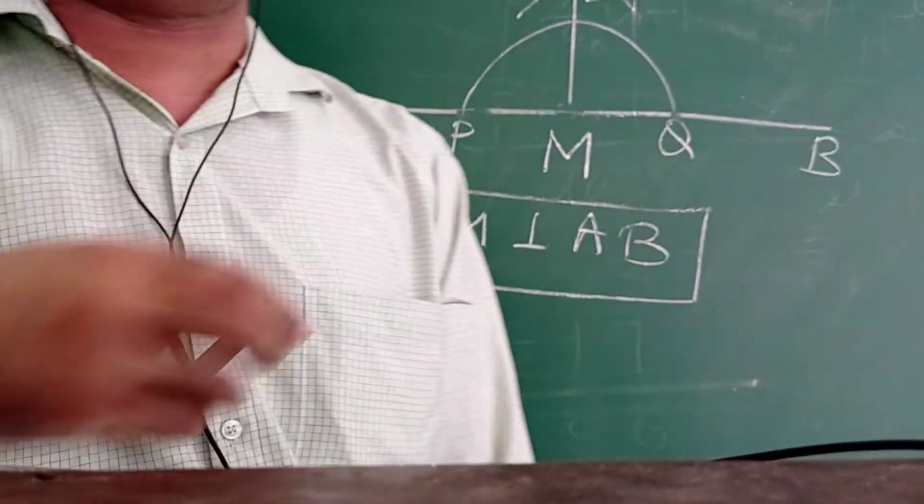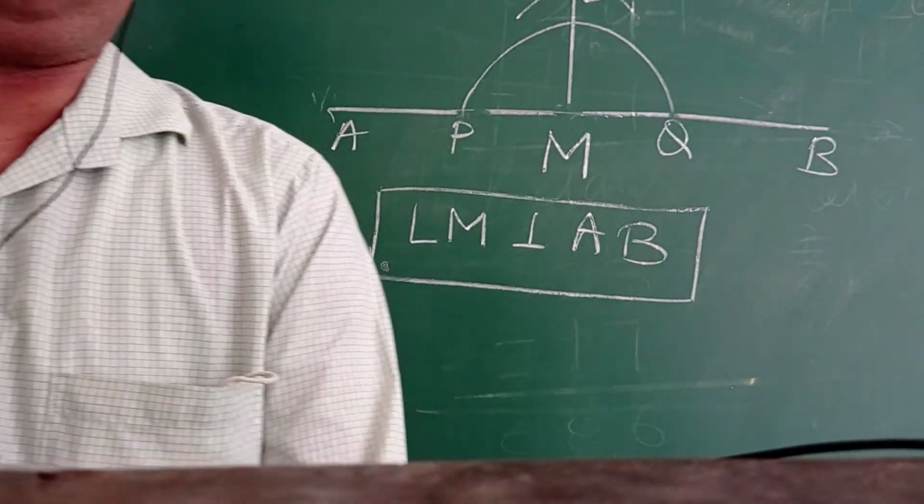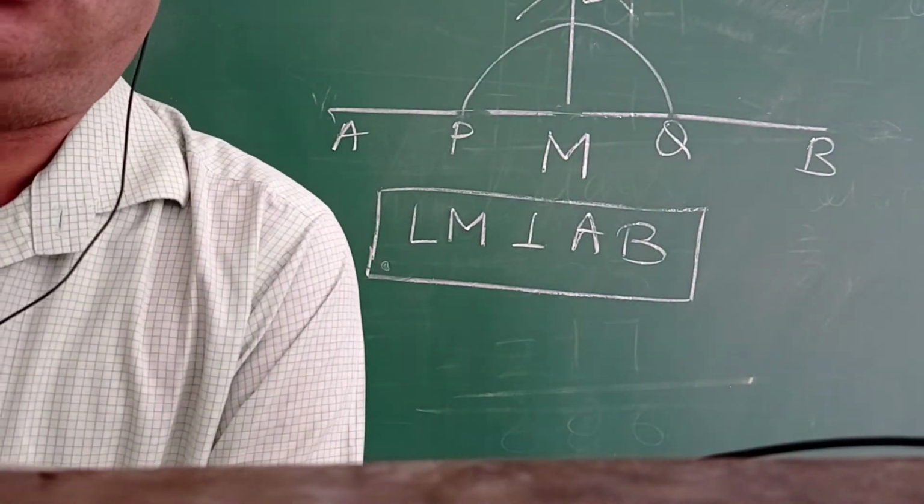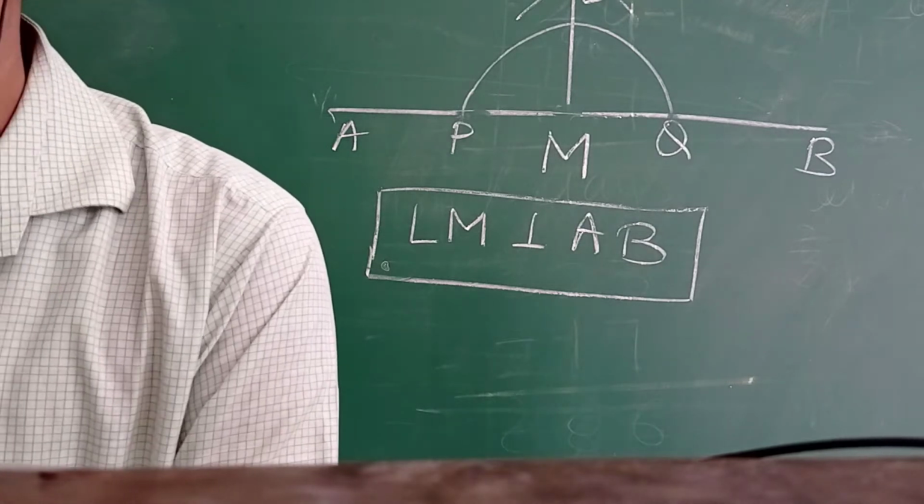LM is the perpendicular bisector. Student, this is one of the most important questions. Do it and show it to me.